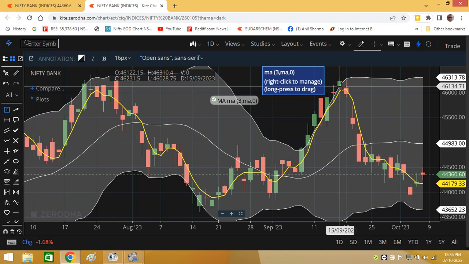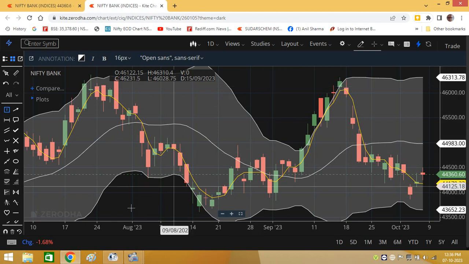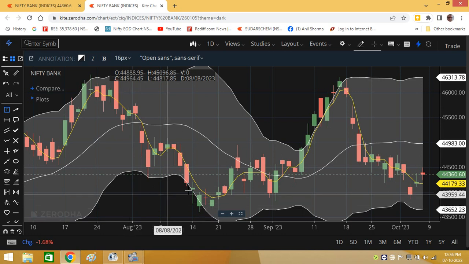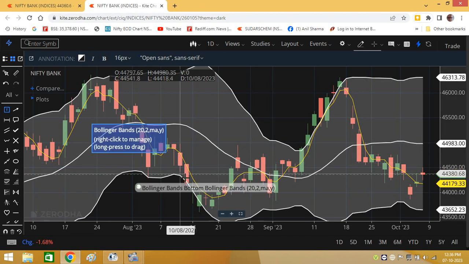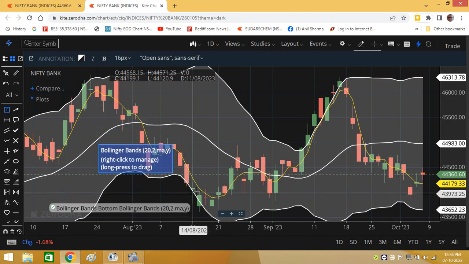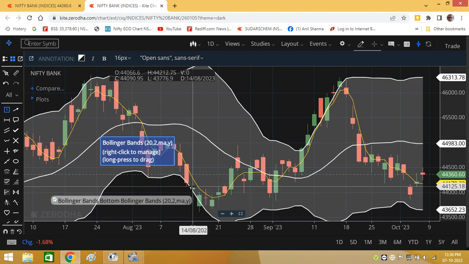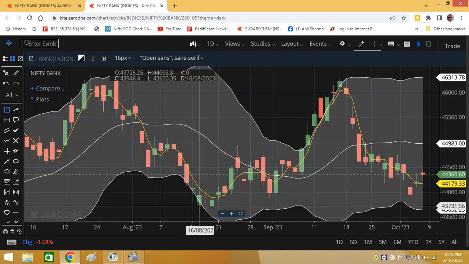Similarly, for those who are doing futures and options, friends, you can see here the price is coming down, coming down, coming down. Therefore, here a doji has formed. Now you can take a position here. For the purpose of hedging, you can take a call option, and also you can take a put option.